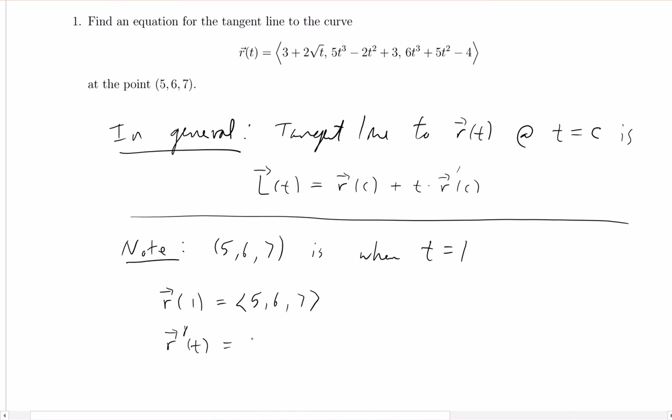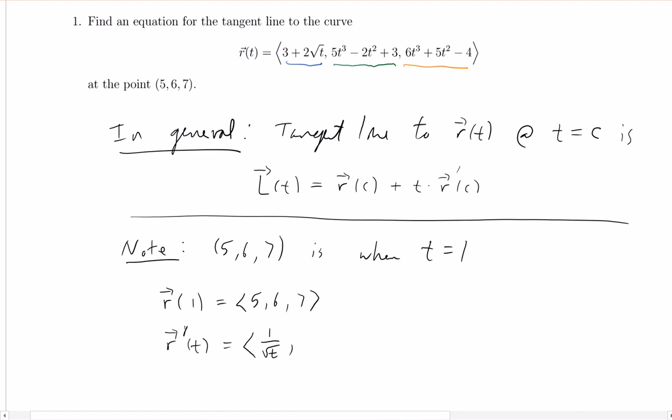So let's take the derivative. Look at each of those three components. There's the x component, the y component, and the z component. Let's take the derivatives of each of those. The derivative of the x component is just 1 over the square root of t.